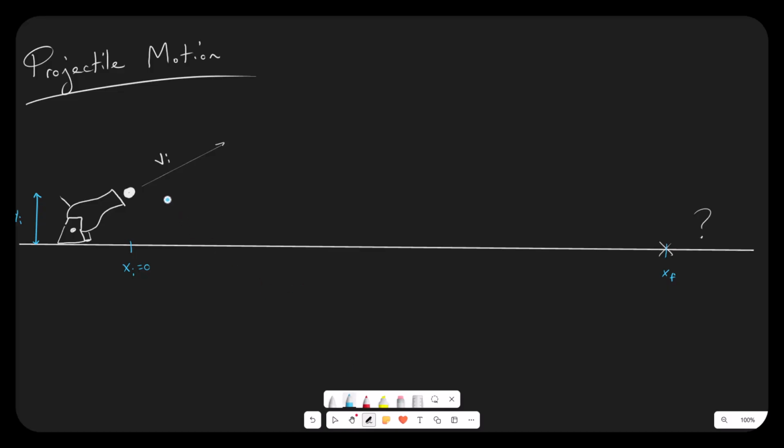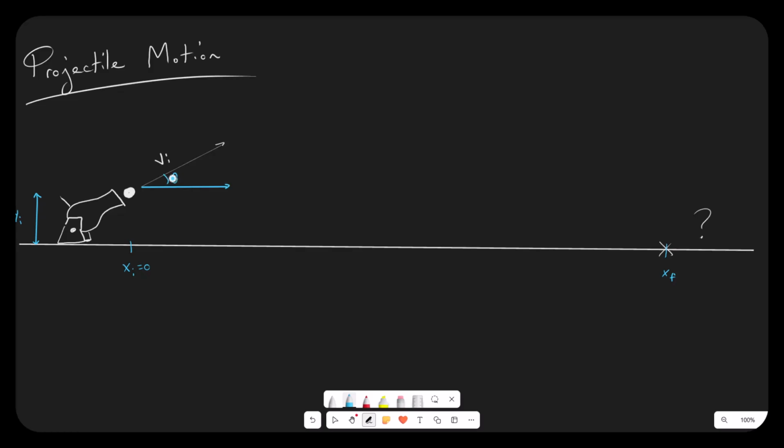The big thing we're doing with this is we are trying to split this into two problems that we can handle. We know how to handle a constant velocity problem, and we know how to handle a free fall problem. Projectile motion is a combination of these, so we are going to take our initial velocity vector and break it into two components.